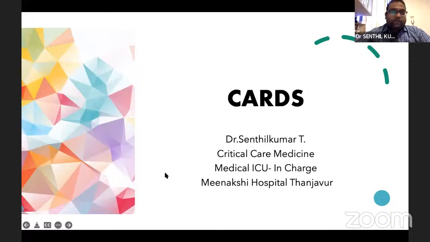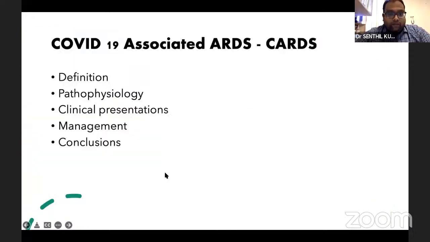Okay. Directly, I'm going on to the topic. CARDS is nothing but COVID-19 ARDS, or COVID-associated ARDS. We're going to see a small overview of how far it is different from regular ARDS and how we're going to manage it.